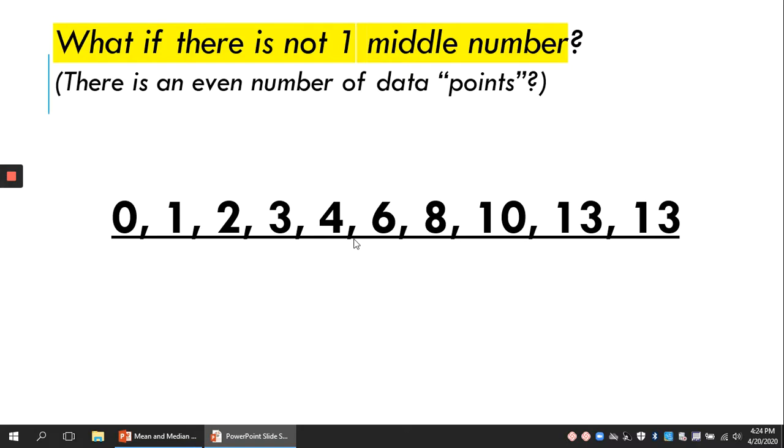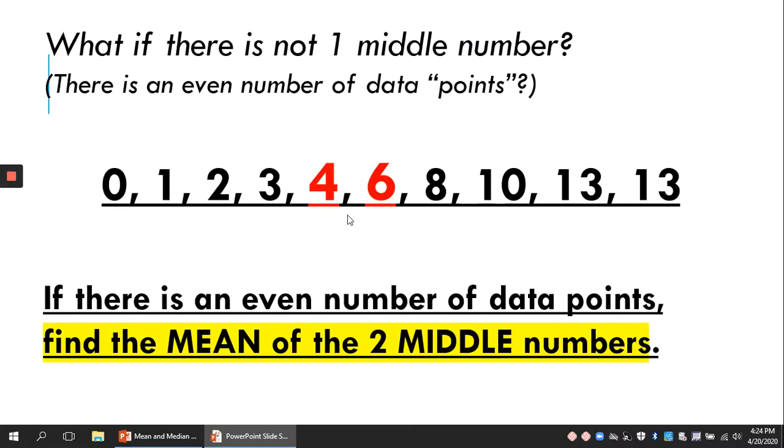But what if there is not one middle number? If there's an even number of data points, I've added another one in here so that we can see what would happen if we didn't just come up with one in the middle. If that's the case, you're going to keep doing just like we did before to get to the middle, and you would get two numbers in the middle. If there are two numbers in the middle like this, you are going to find the mean of these two middle numbers.